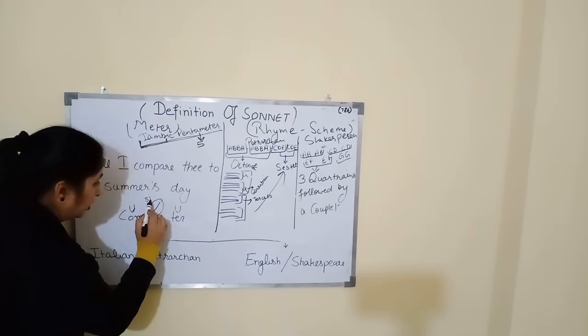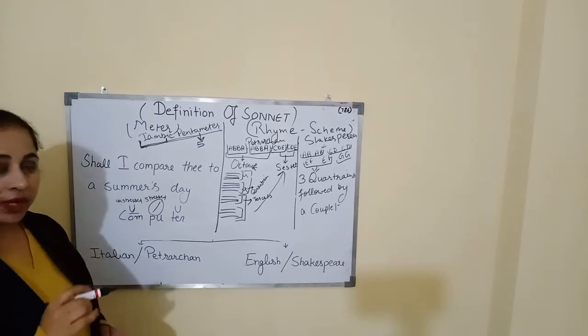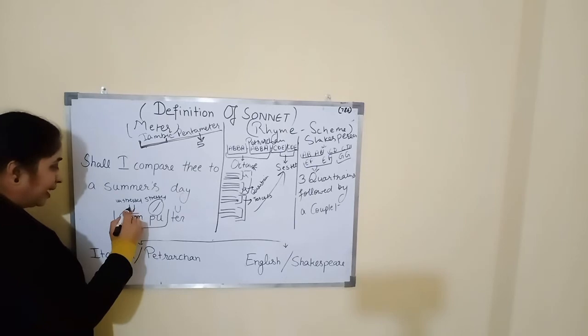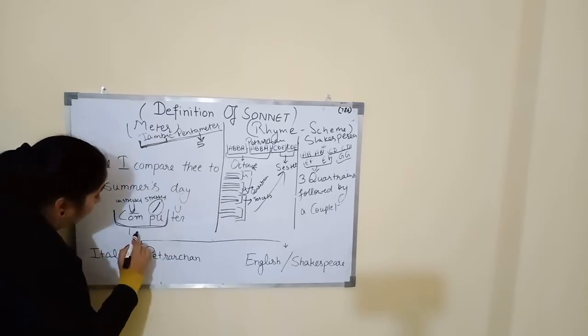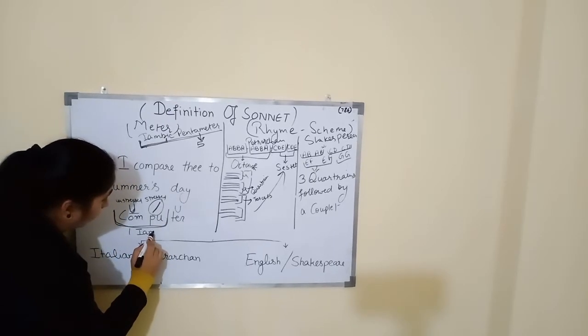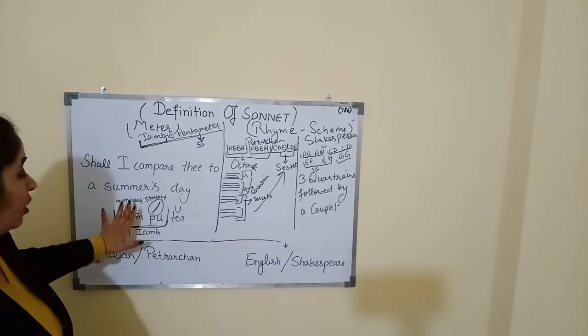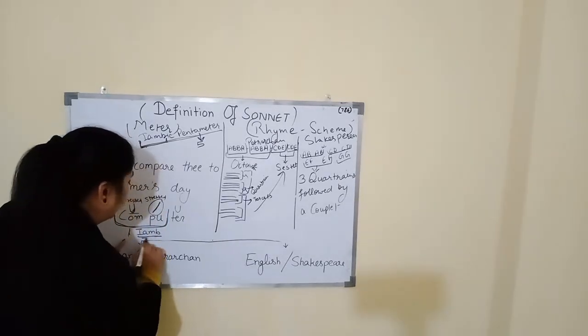This is stressed or this is unstressed. Okay. So, com-pu. When there is an unstressed word followed by a stressed word, that is called one iamb. Let me repeat myself. Unstressed followed by a stressed is called one iamb.